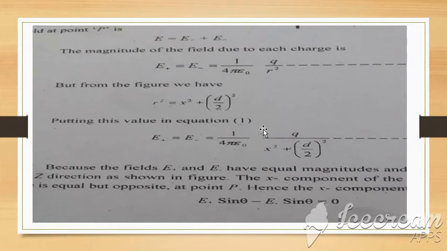Putting this value in equation 1, we have E plus is equal to E negative is equal to 1 over 4 pi epsilon naught q over x square plus d by 2 whole square. Again, these electric fields are equal in magnitude, and the x components are equal in magnitude but opposite in direction, so they will cancel each other.